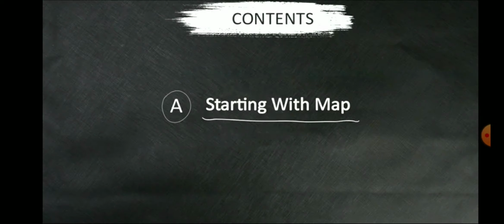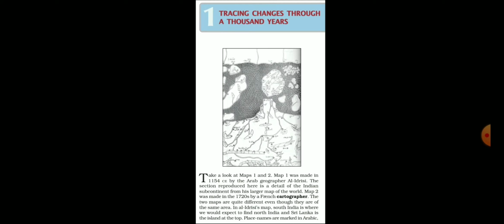But before going to learn about it, as we always start with understanding the concept of our title, let me start with tracing changes through 1,000 years. Trace means to lead, to touch, or hint.